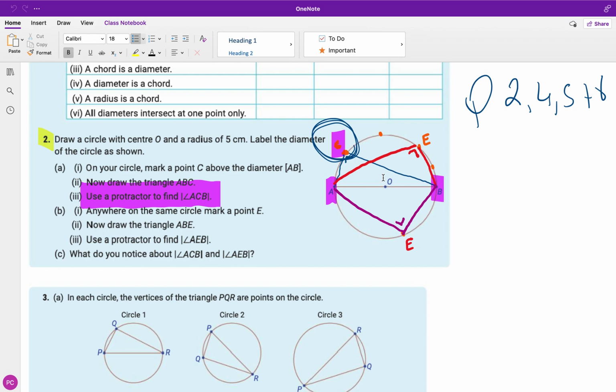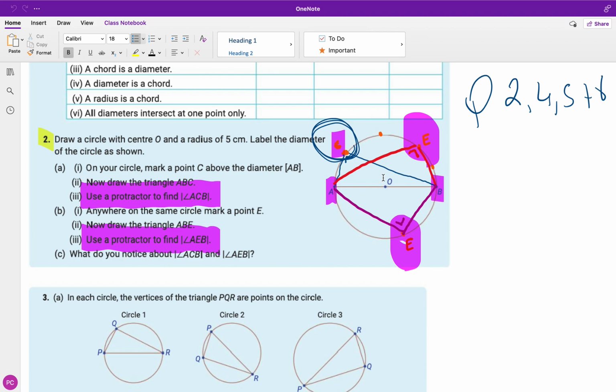So all triangles within a circle drawn from the diameter are going to be 90 degrees. That's why it says there again, use the protractor to find the angle AEB. So again, we're looking at either the E there or the E there.